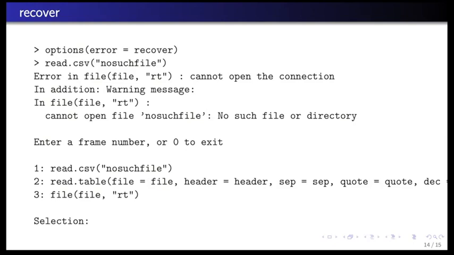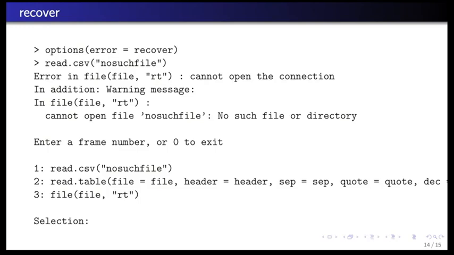And then you get an error, with the error message cannot open the connection, and you get some warning also. But instead of getting my console back, I get a little menu here, and this menu is the function call stack, okay? It's the same thing that you would get back if you called traceback after the error, right? So read.csv is what I called.